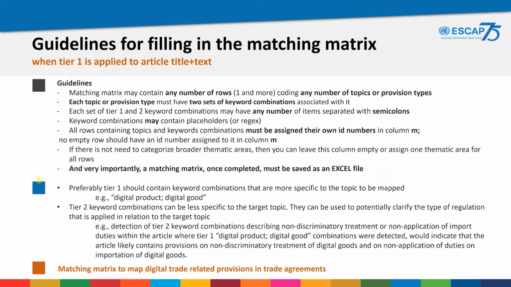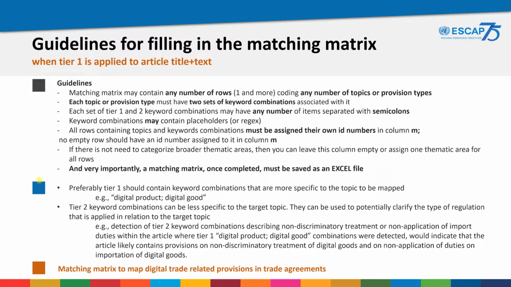All rows containing topics and keyword combinations must be assigned their own ID numbers in column M. No empty rows should have an ID number assigned to it in column M. If there is no need to categorize broader thematic areas, then you can leave this column empty or assign one thematic area to all rows. And very importantly, a matching matrix, once completed, must be saved as an Excel file.